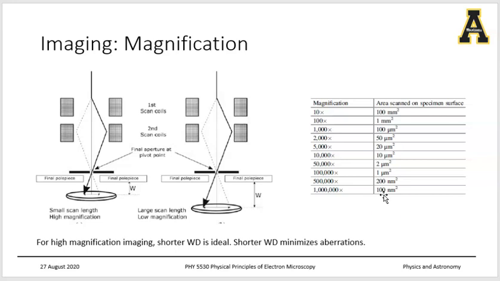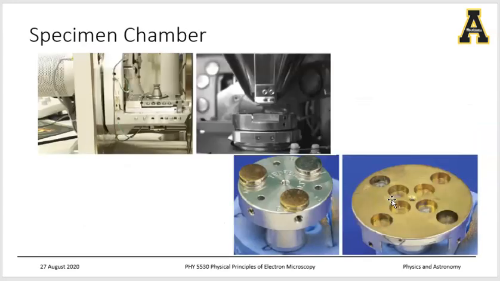Okay. And finally, let's take a look at the real device itself, the electron microscope, the insides of it. The image on the top left shows the sample chamber that has been pulled out from under the electron column. Some of the older models do this, where the entire thing comes out of the column, where you load the sample and then you push it back in and you pump down.